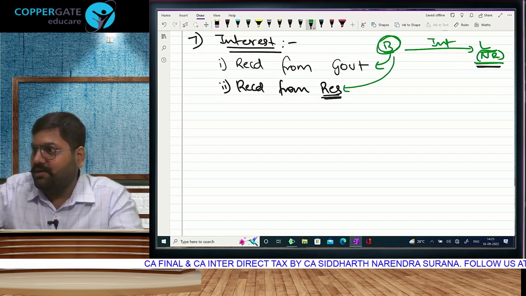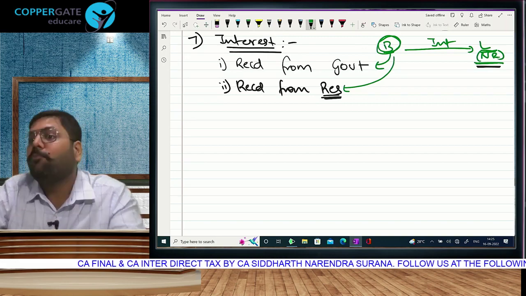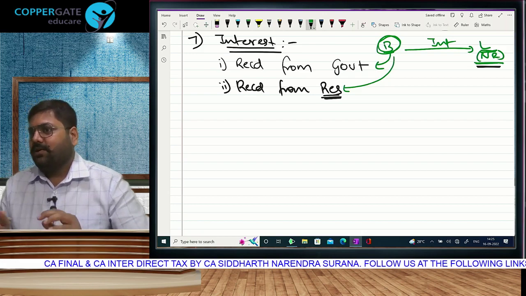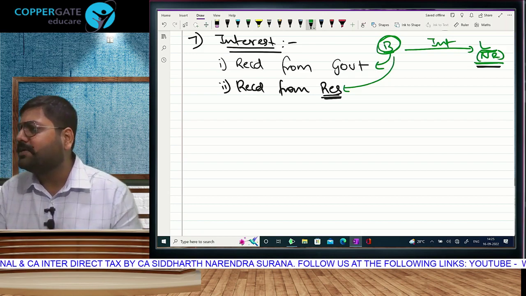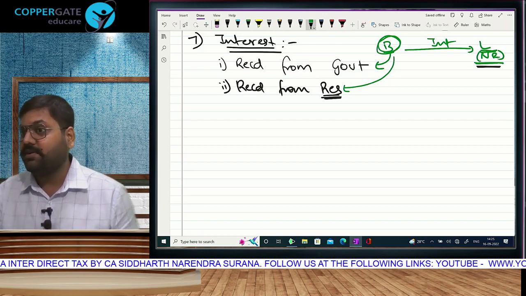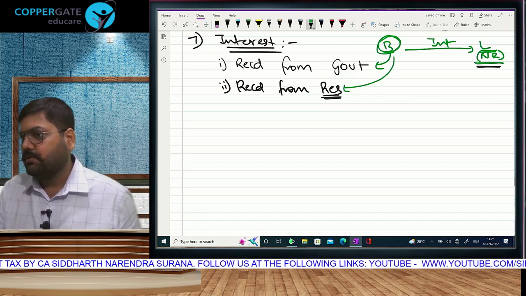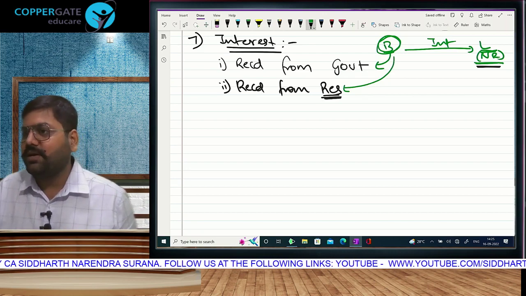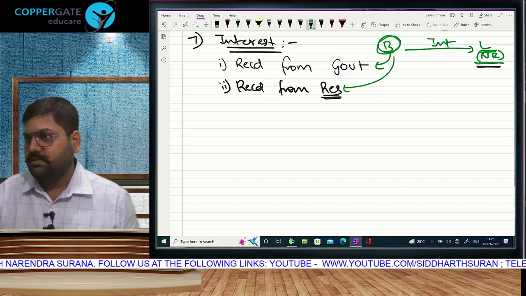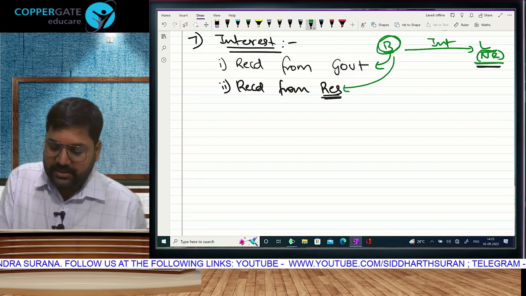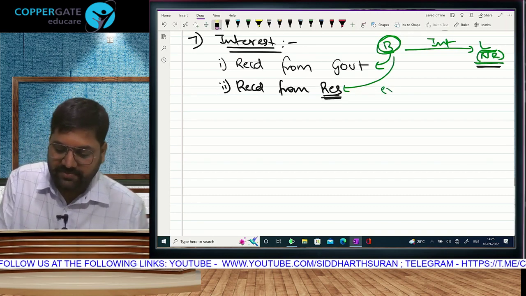The borrower will use the money, and the lender's income will arise. If the borrower is a resident, where do you think he will use it? Where is his ordinary place of stay? His status is given to you as resident. So where will we assume that he will use my funds, and therefore where will the income arise? In India. Except... can I say that if the borrower is resident, then interest will be treated as Indian income?